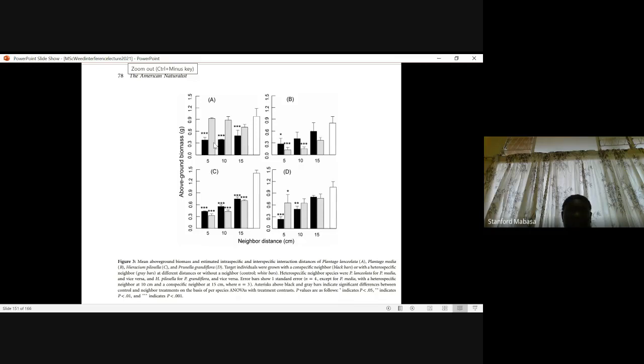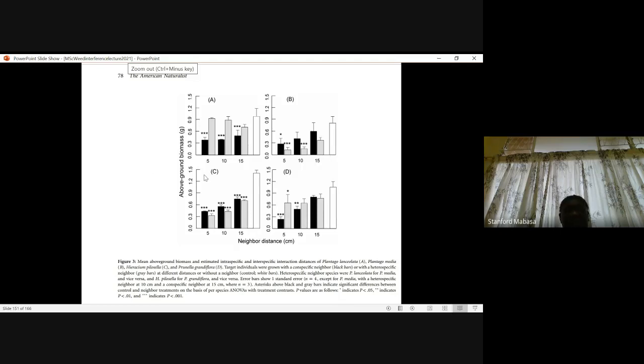These gray areas represent the position of the competing plant, and this white space is where you don't have competition.